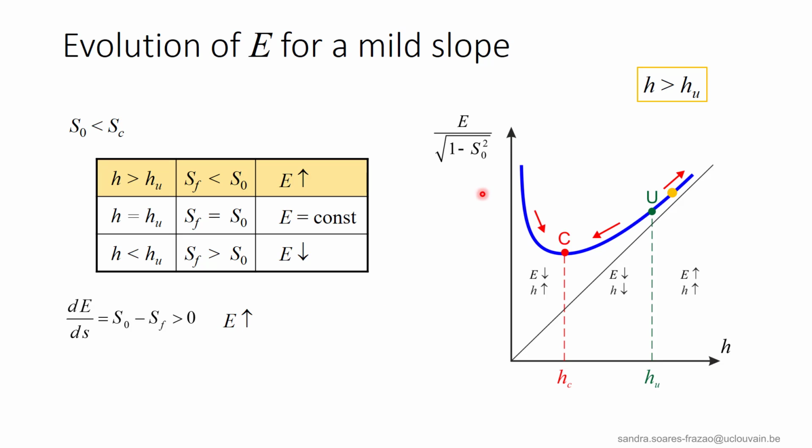Finally, if the water depth is larger than HU, the friction slope SF will be smaller than S0 and the specific energy will increase. Accordingly, the water depth will also increase. This increase appears to be without limit until infinity, but in reality, as we will see later, boundary conditions in the flow will play a role and possibly control this increase.